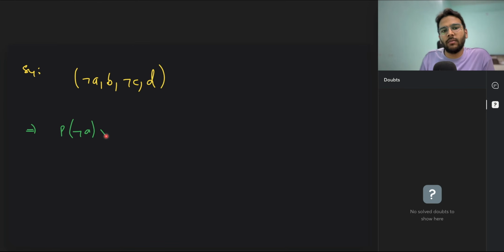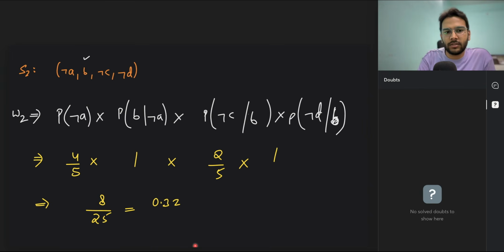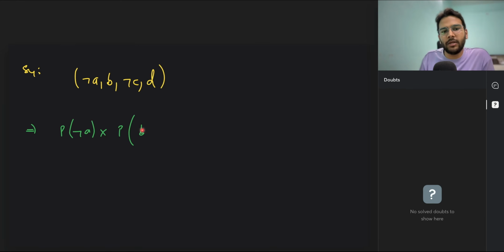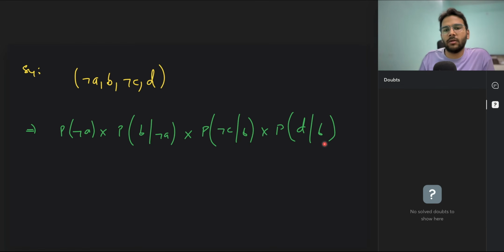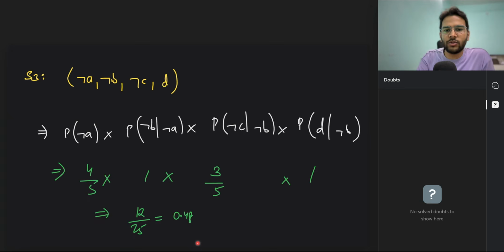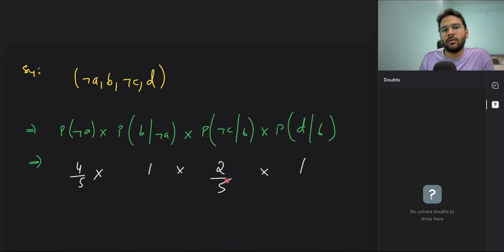Probability of not of A multiplied by B given not of A, not of C given B, and D given B. Is this clear? We know this is 4 by 5, this is 1, this is 1. What about not of C given B? That is 2 by 5 only. So which is 8 by 25, and that is nothing but 0.32.